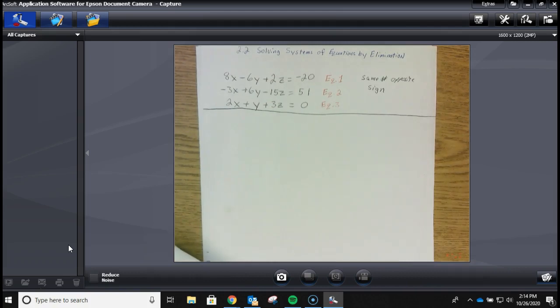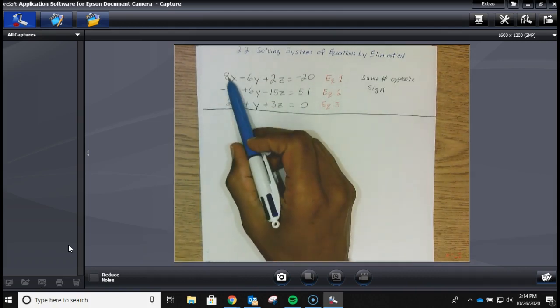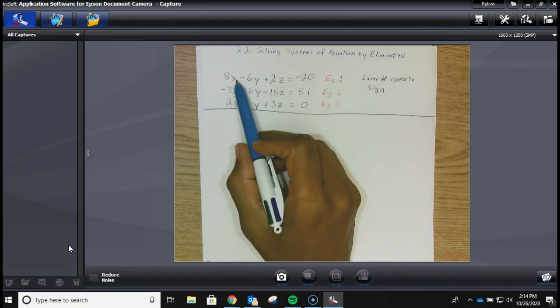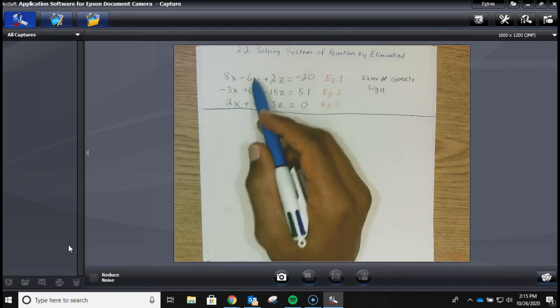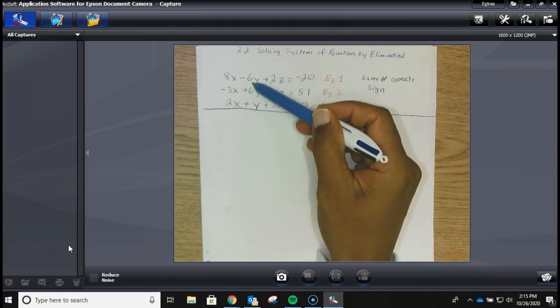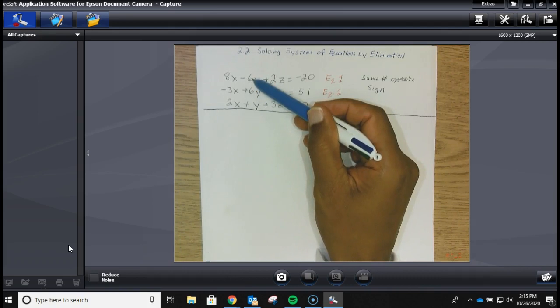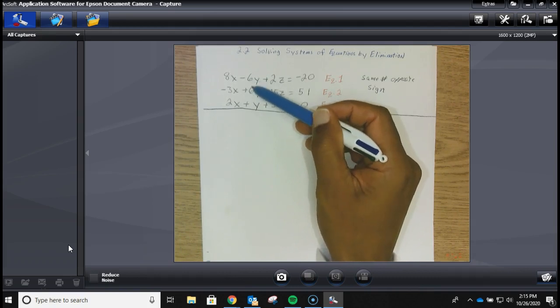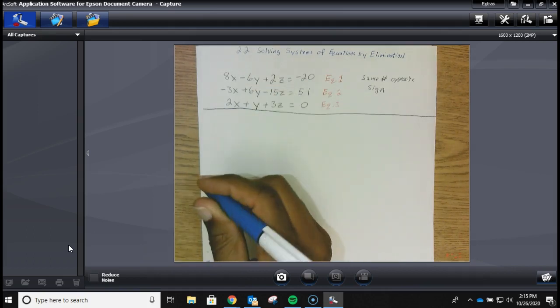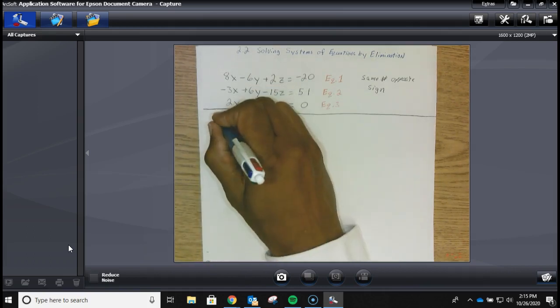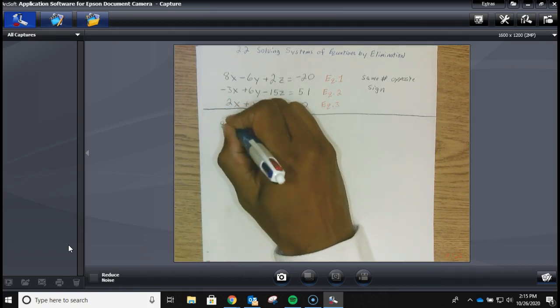So in order to do elimination, whatever variable you want to eliminate, you make sure they have the same number, opposite sign. So this already is set up with equation 1 and 2. In the Y's, I have a -6 and a +6. 6's are the same number, the signs are opposite. So in order to eliminate, all you do is you write down the equations that you're going to eliminate with. I'm going to write down equation 1 down here just so I can show you the work.